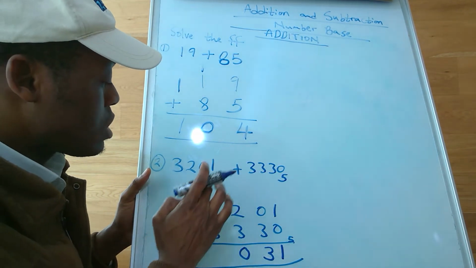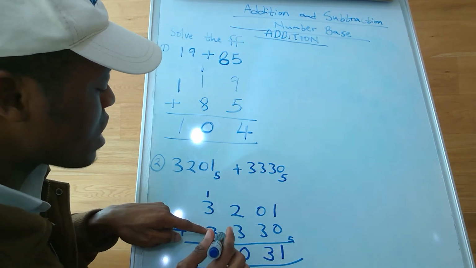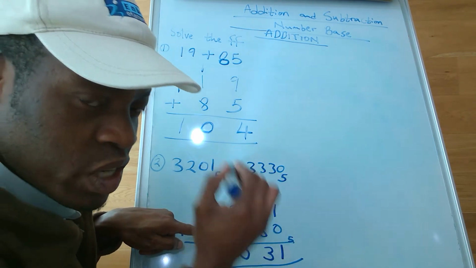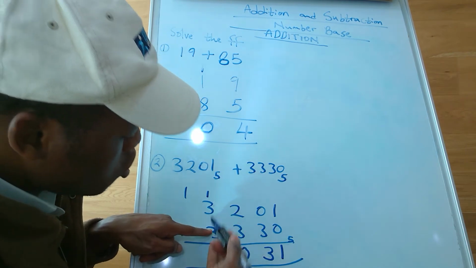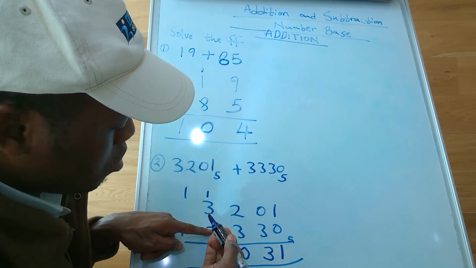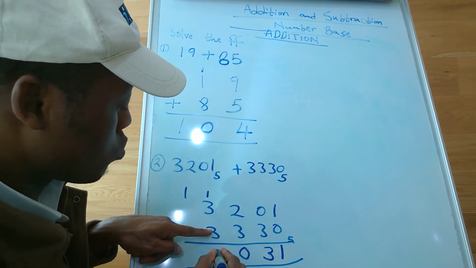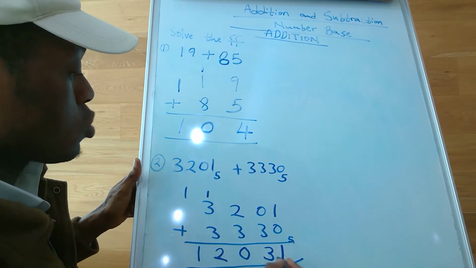Look at this one: 1 plus 3, plus, when you are doing the addition, the moment it gets to 5 here, that 5 will turn to 0 and add 1 to the next number. Then 0 plus the remaining 1, that will be 2. Then 1 plus nothing here, 1. So this is our answer.